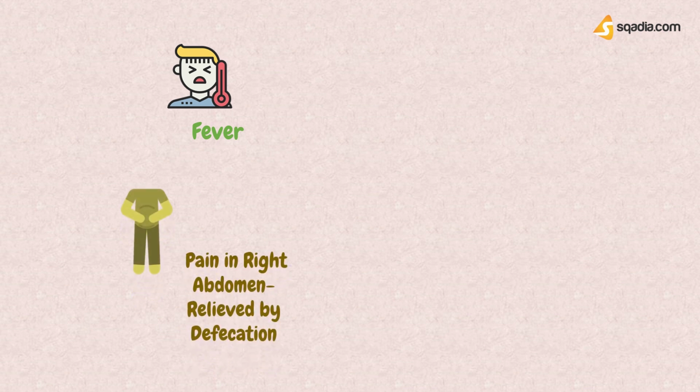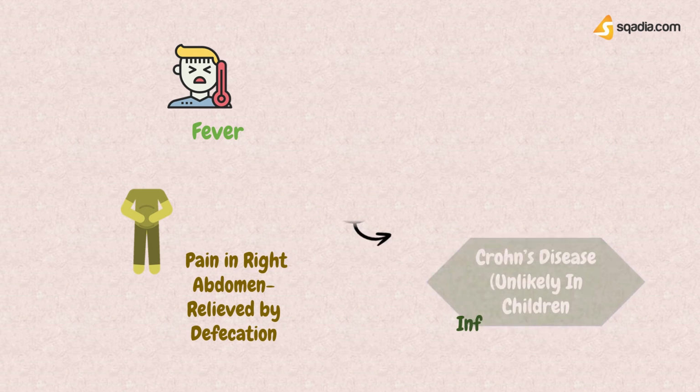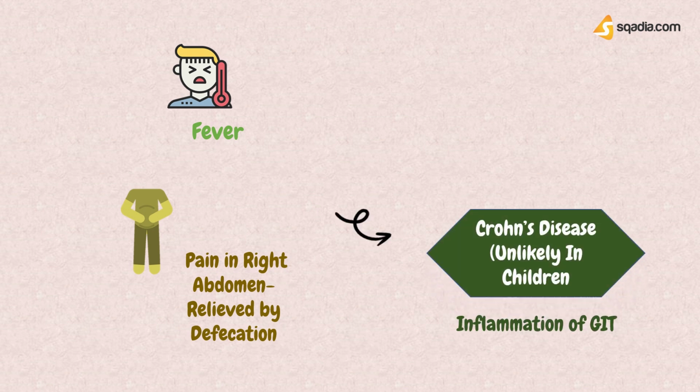Now, if the patient has low-grade fever and pain in lower abdomen that is relieved by defecation of stool that are soft, then this might give you an indication that patient has Crohn's disease, which is unlikely to occur in children. Well, Crohn's disease is defined as inflammation of entire gastrointestinal system.